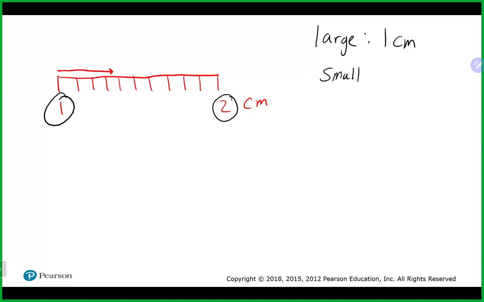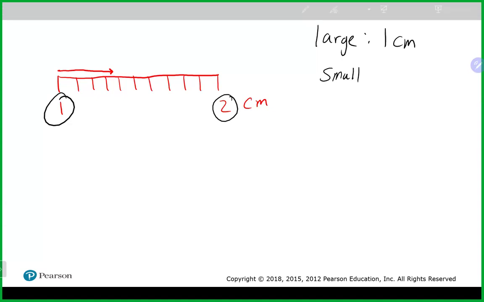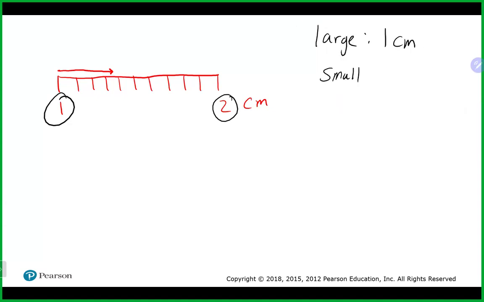Now the other markings we want to figure out is how many small markings we have between those two large markings. It's important to count them correctly. The correct way is to start counting past the last large marking. On the left here, 1 is my last large marking, so I start counting the smaller ones: 1, 2, 3, 4, 5, 6, 7, 8, 9, and 10. We stop counting at the next large marking.